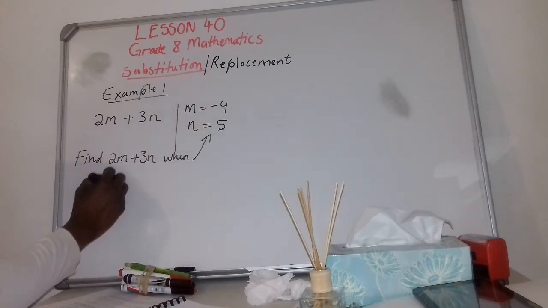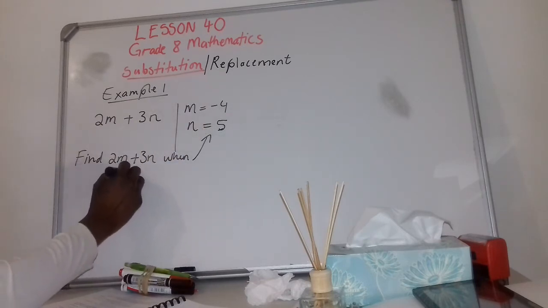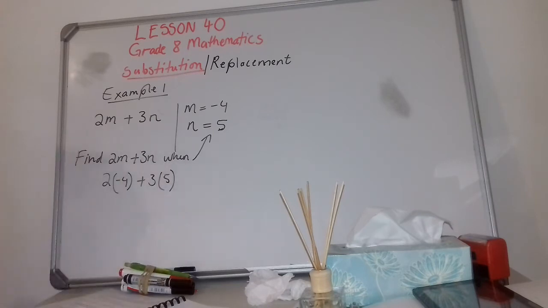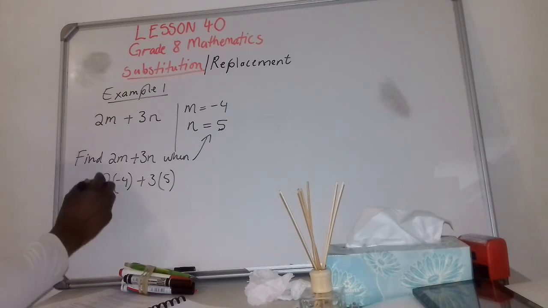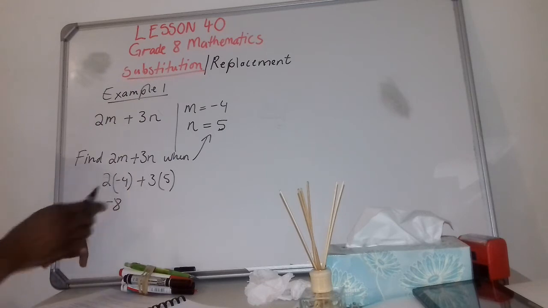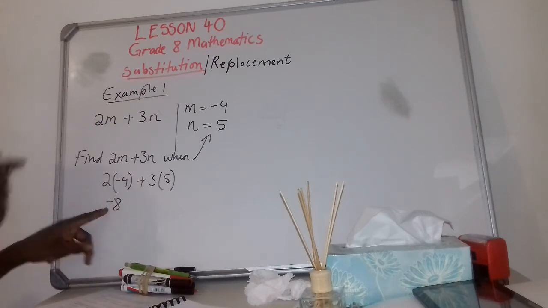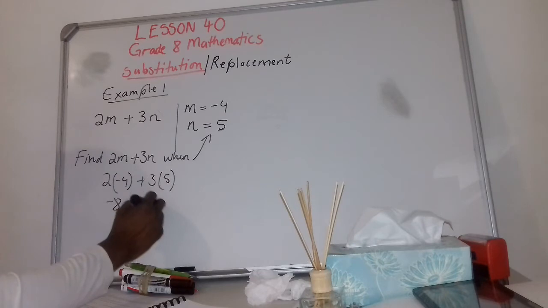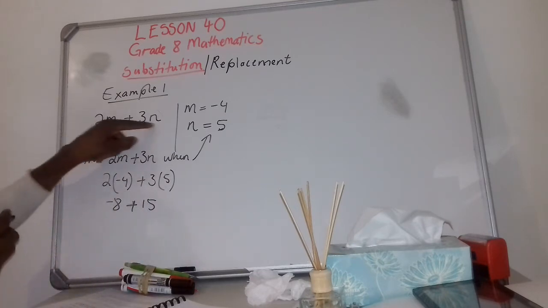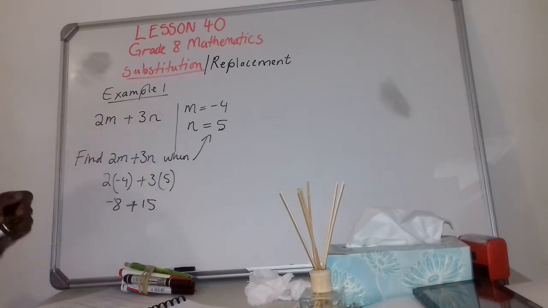So it's 2, open the bracket, -4 plus 3, open the bracket, positive 5. And then you simplify. The bracket means multiplication, so this will be -8, because you're multiplying a positive number with a negative number, you should expect a negative number, plus 15. We could not add this because they are not like terms. I don't remember doing like terms, but I think we are going to get to that part.